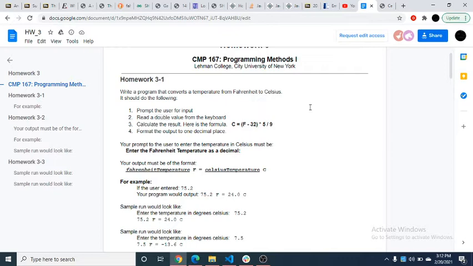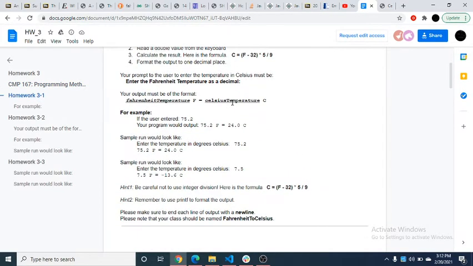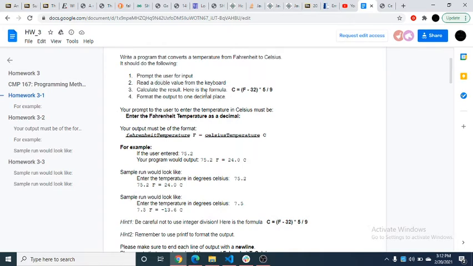Homework 3.1 is basically a Fahrenheit to Celsius conversion program, and we look at the instructions here. She wants us to have a prompt: Enter Fahrenheit temperature as decimal, right?